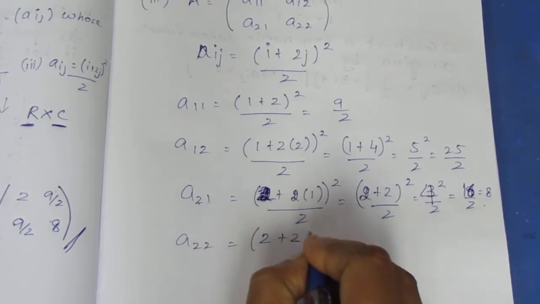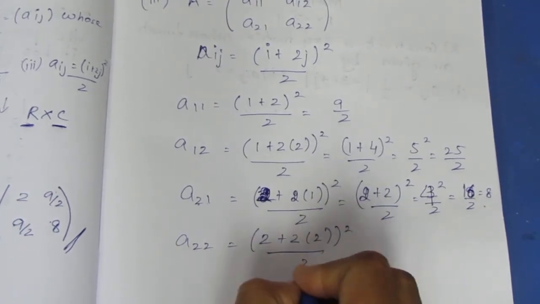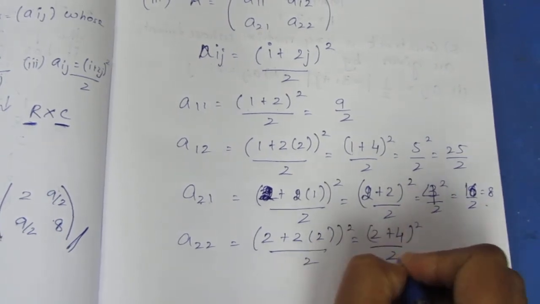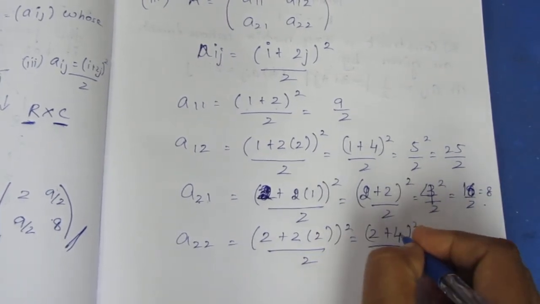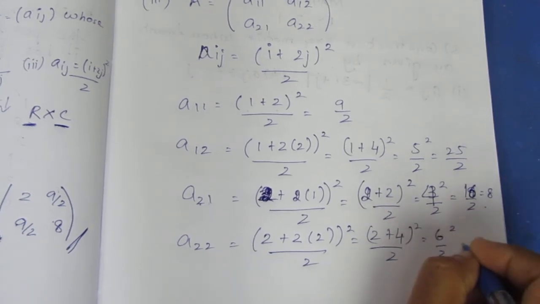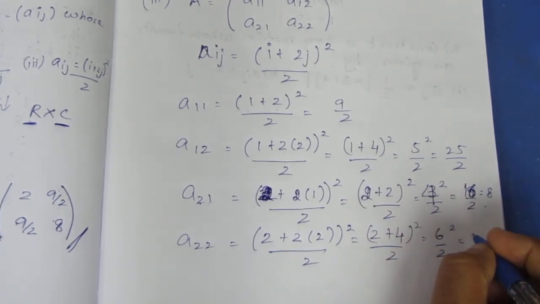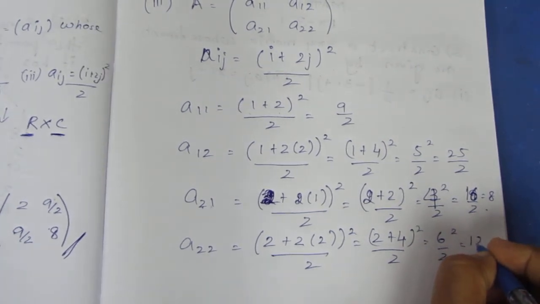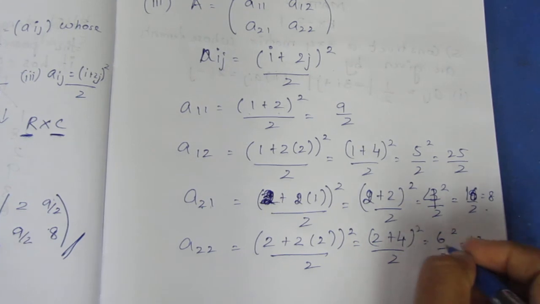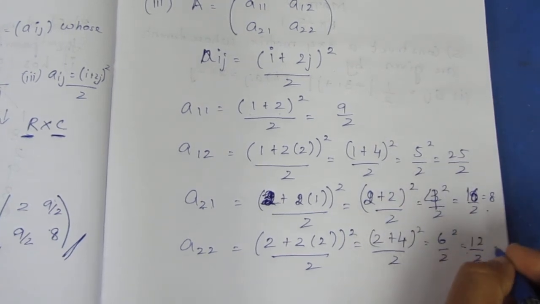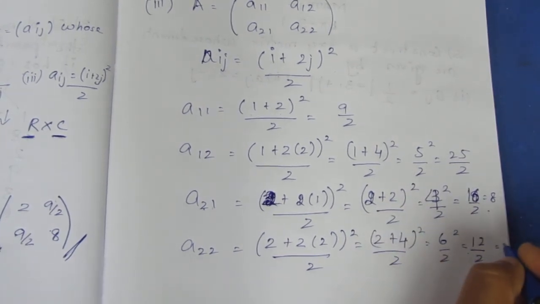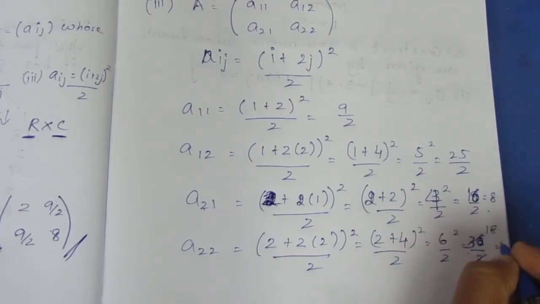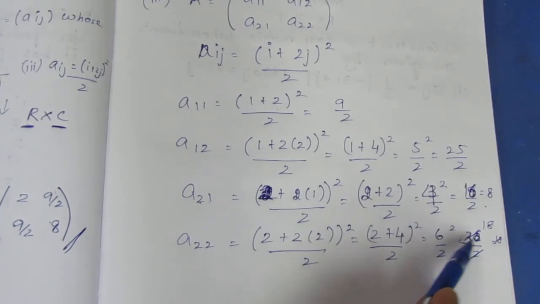2 plus 2 into 2, the whole square by 2, which is 2 plus 4, the whole square by 2. 4 plus 2 is 6 square by 2. 6 square is 36 by 2.